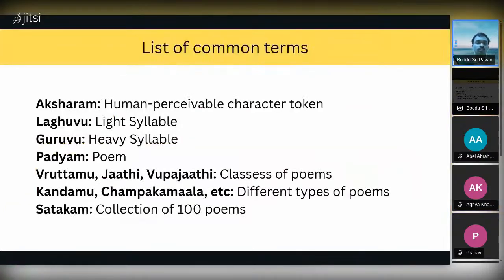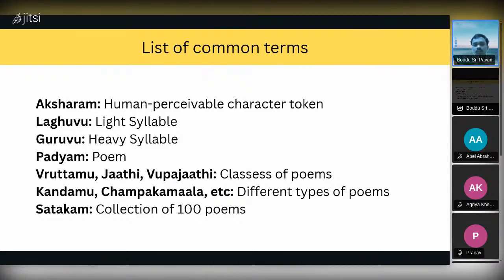To summarize, I will be discussing a list of terms so that we'll be on the same page. Here, aksharam means the token, the human perceivable character token. Most of the time, I will be using English words so that everyone can pick up, but for our understanding, I have added the terms. Laghu means the lightweight syllable.